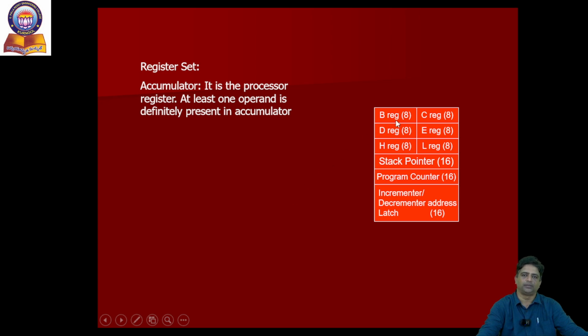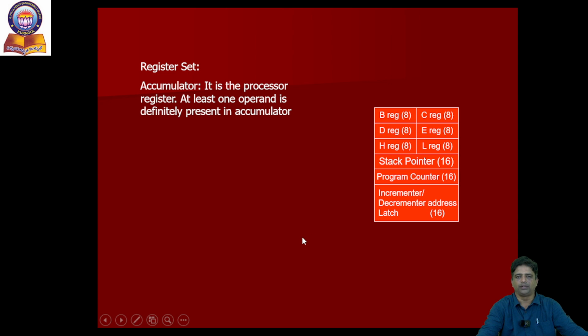Other such support registers with respect to data, which sometimes can also be utilized for addressing operations, are B, C, D, E, H, L. Individually they are all of 8-bit size, and together they can be utilized as fixed combinations. B is always paired with C only, D is always paired with E only, and H always with L only.